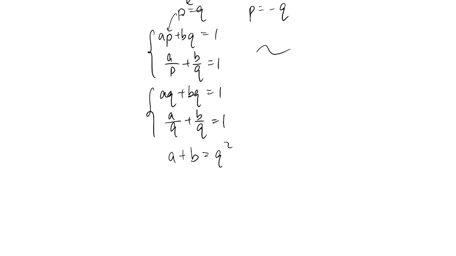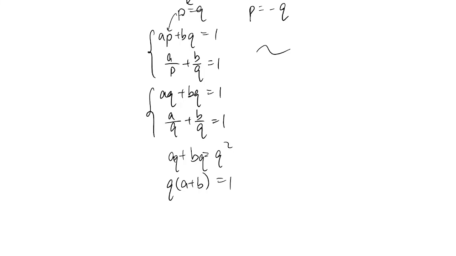So aq plus bq equals q squared, and from the first equation, q brackets a plus b gives me 1. Happy with that? Okay.